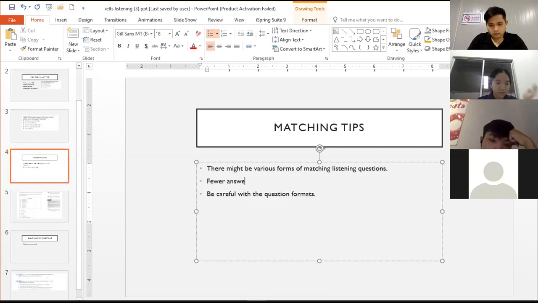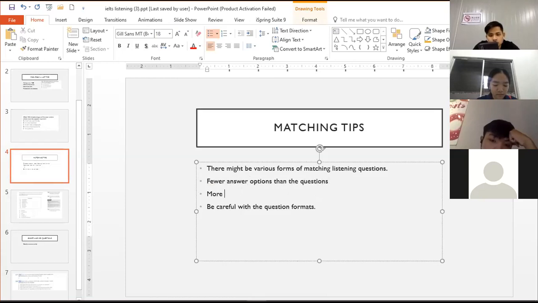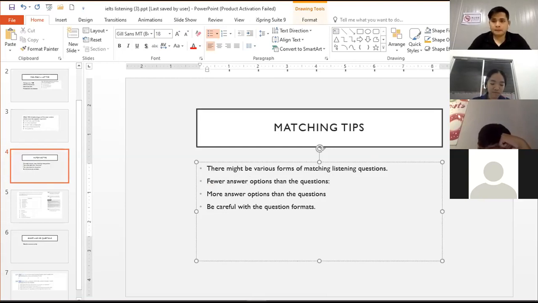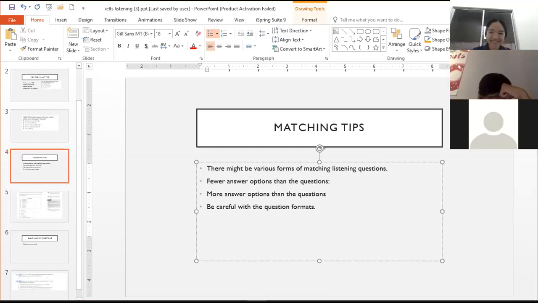I said fewer answer choices. That's one format. So we practiced this one already. We practiced the fewer answer options in the question.